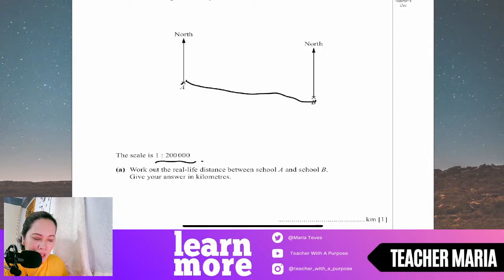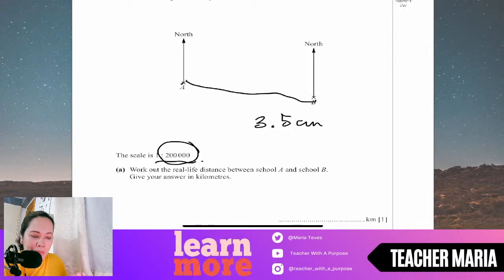So you measure from A to B, and once you have measured A to B, then with that centimeter, let's say for example, it was 3.5 cm. Just an example. So if it is 3.5 cm, what you need to do is you multiply it with 200,000, because 1 cm is 200,000. So 3.5 centimeter, multiply it with 200,000 centimeter.